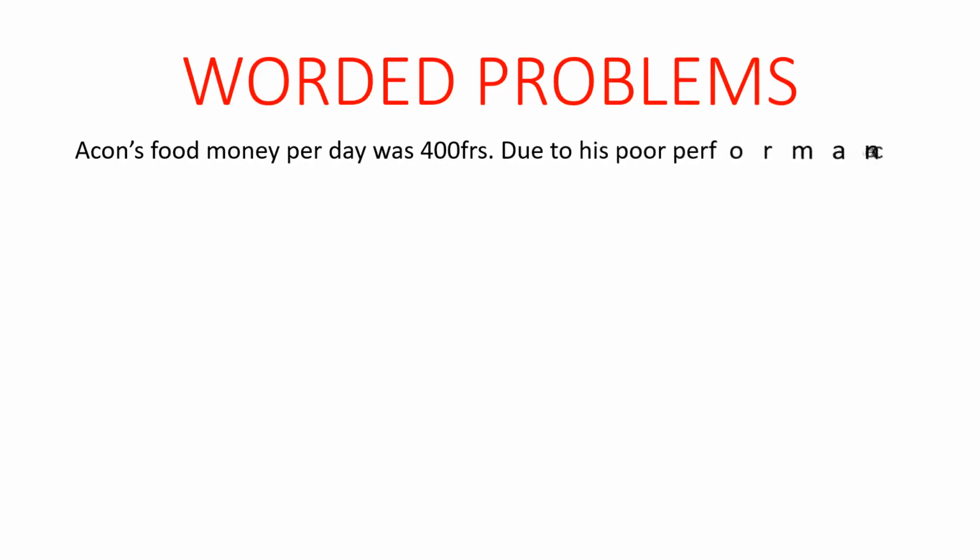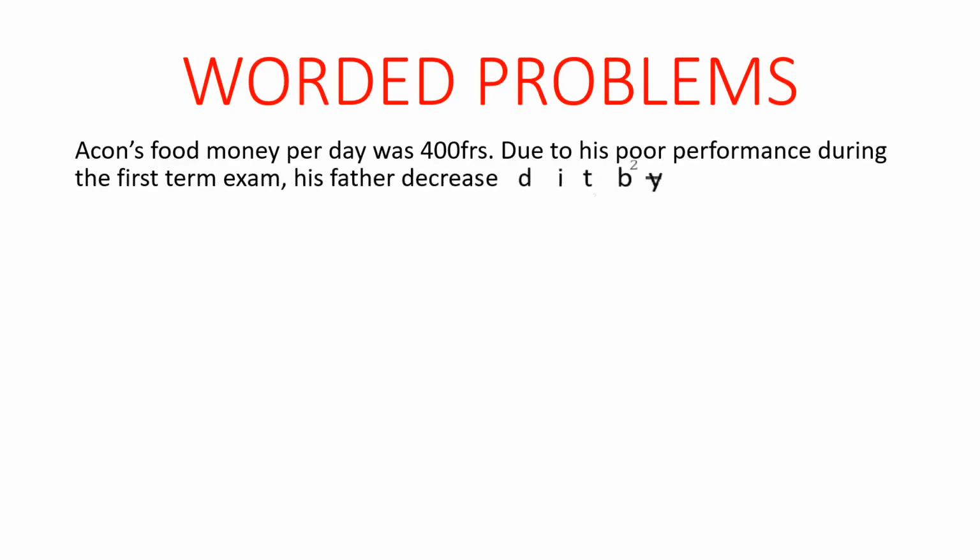Now, the question reads thus: Acon's food money per day was 400 francs. Due to his poor performance during the first term examination, his father decreased it by 2/5.